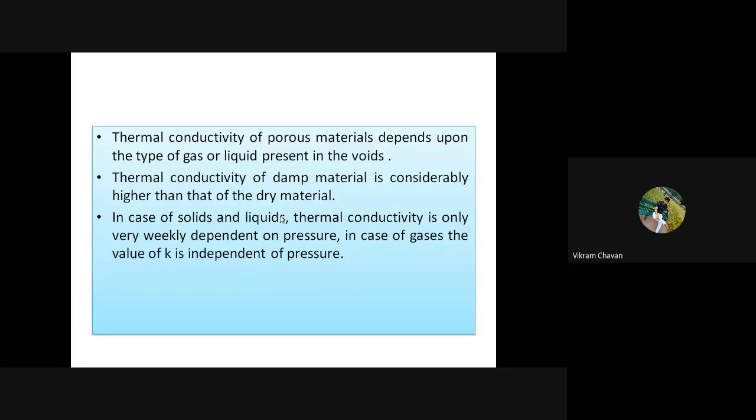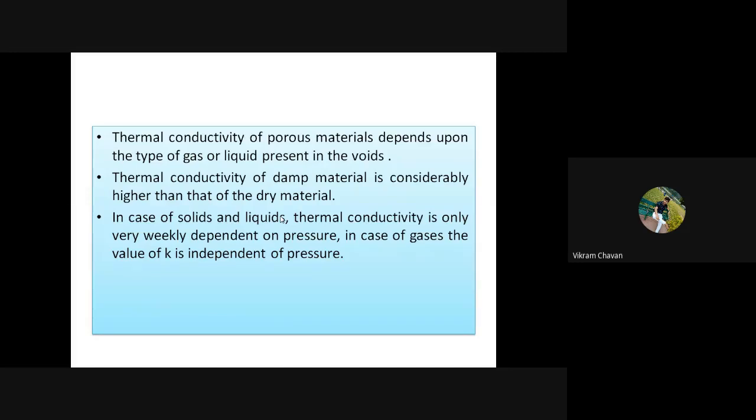So whichever gas or liquid fills the voids of that particular material, on that gas or liquid the thermal conductivity of the porous material depends. Okay.